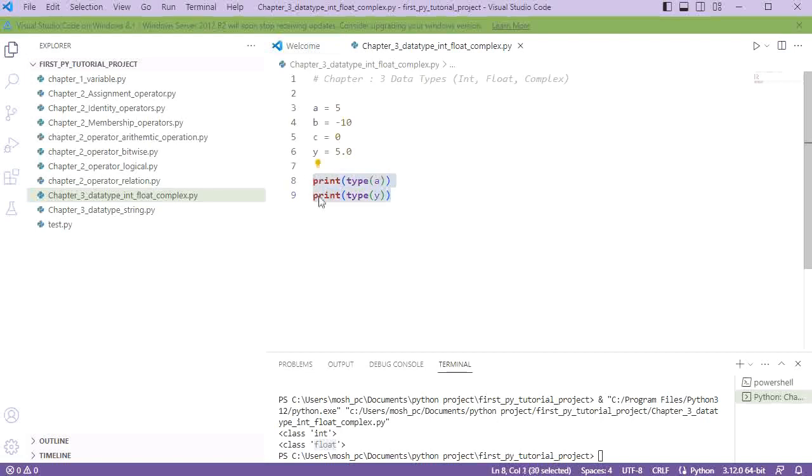Now we will learn two more things about Python integers. The first thing is, leading zeros in non-zero integers are not allowed in Python.